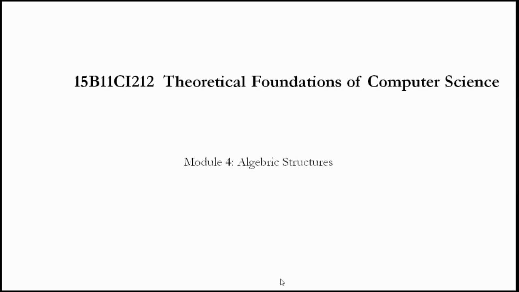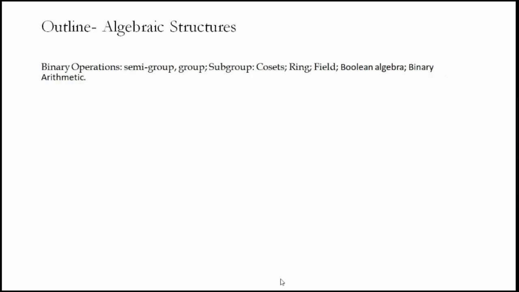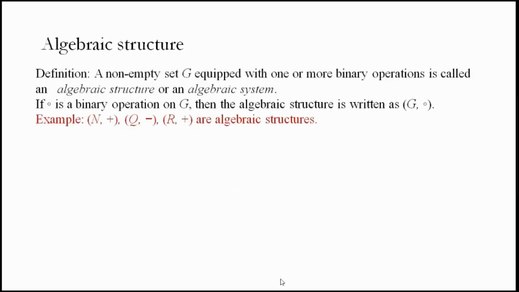And also we have seen the properties of binary operations, that is commutative, associative, and distributive properties of the binary operations. After that, we moved on to the algebraic structure: a non-empty set G equipped with one or more binary operations is called an algebraic structure.